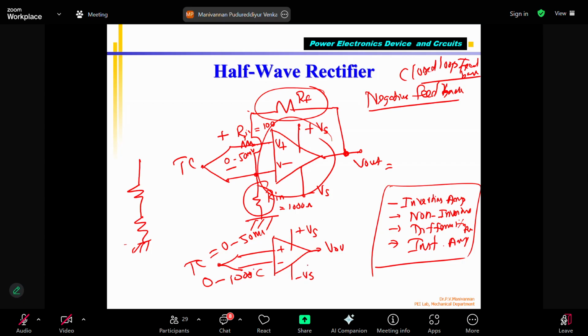And if I connect like this, if AD equal to 1000, what will be the output? V0 equal to AD into (V plus minus V minus). I am saying when the temperature is 1000 degree, my thermocouple produces 50 millivolts. I can say V0 equals 50 into 10 power minus 3 volts multiplied by, what is it?